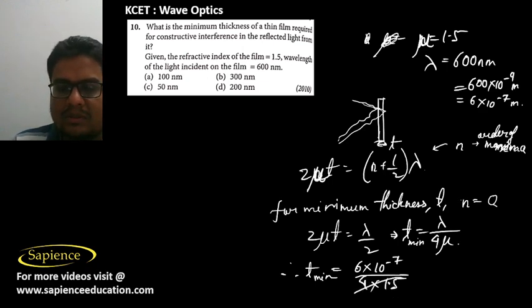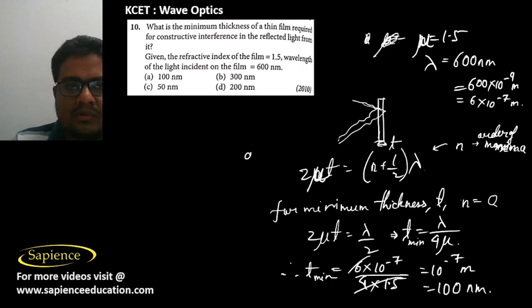So 15 4s are 60. That will be 10 power minus 5, minus 7 meter, or I can say it as 100 nanometer. So option A is the correct answer.